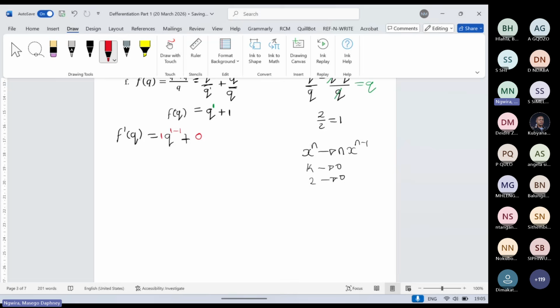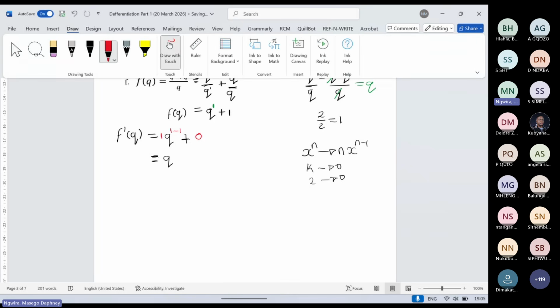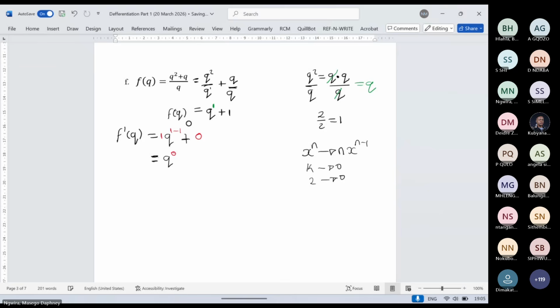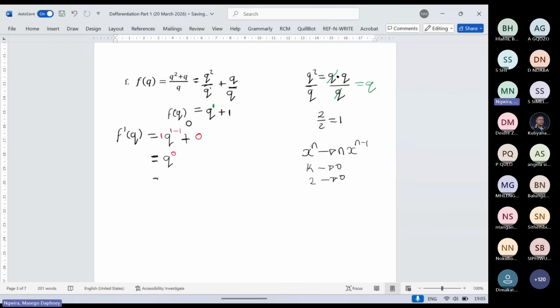Now we are going to have q, because 1 times q is q to the power of 0, since 1 minus 1 is 0. And then now, what is q to the power of 0? Q to the power of 0 is 1. Any number to the power of 0 is 1.